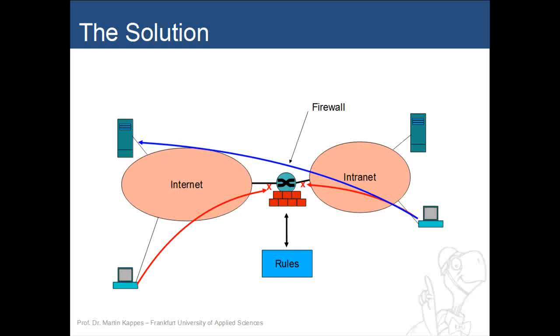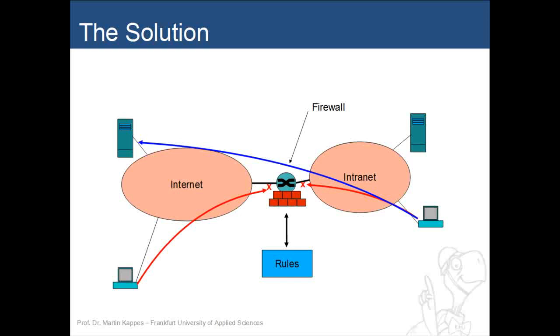Particularly, problems that still remain unresolved if you operate a firewall are, first of all, that there might be insiders in the company that are also trying to do espionage or do other illegitimate activities. So those cannot be stopped by a firewall.